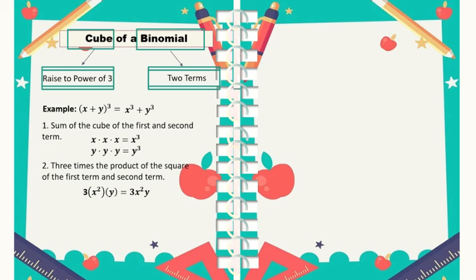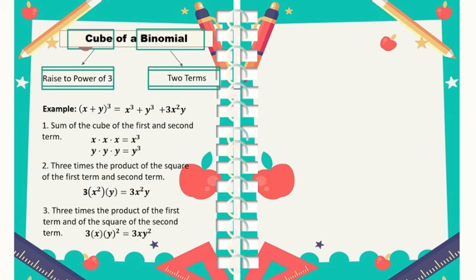Second, 3 times the product of the square of the first term and second term. So we have 3 times x squared times y is equal to positive 3x squared y. Next, step 3, 3 times the product of the first term and the square of the second term.